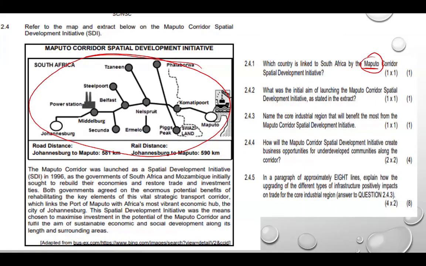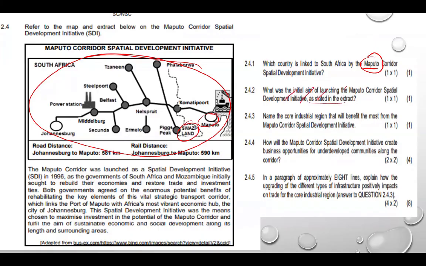But then you can come here and look at other countries in the diagram. You can see there is Maputo there, you can see there is Swaziland there, so you can give more than one country. What was the initial aim of launching the Maputo Corridor Spatial Development Initiative as stated in the extract?